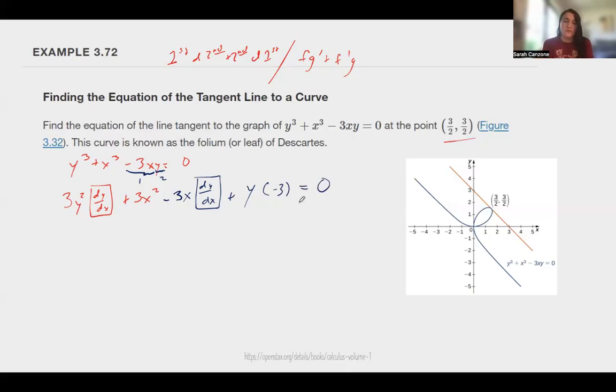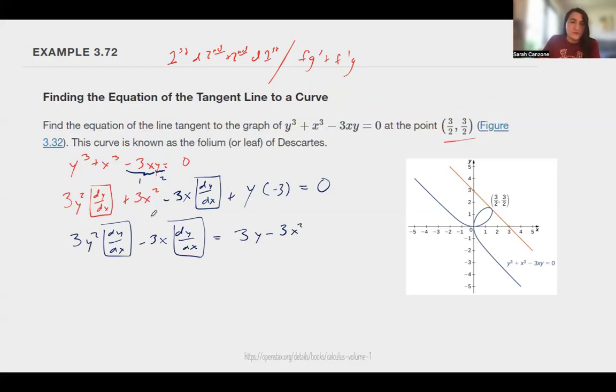Now, of course, when you're just asked to find a derivative, I always say don't simplify, but this you do need to simplify because we're actually looking to find dy/dx. So we will have all of the terms with dy/dx on one side and everything else on the other. I'll leave 3y squared dy/dx, and I'll leave the minus 3x dy/dx. And I'm going to move to the right side this 3x squared and the minus 3y. So this equals, I'll move this one first, minus 3y, add it to the other side, gives us positive 3y, and I'll subtract 3x squared.